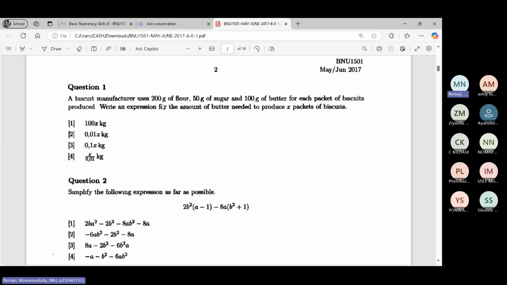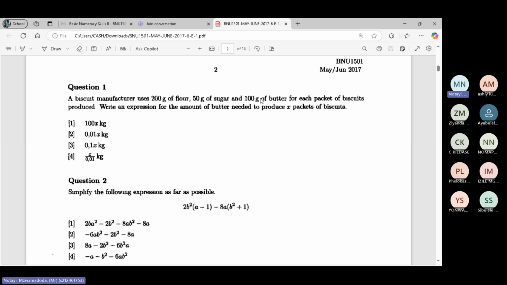I've just given you the answer for the amount of butter needed to produce X packets. Write the flour one in kilograms as well. I've just given you the conversion from grams to kilograms, you divide by 1000.